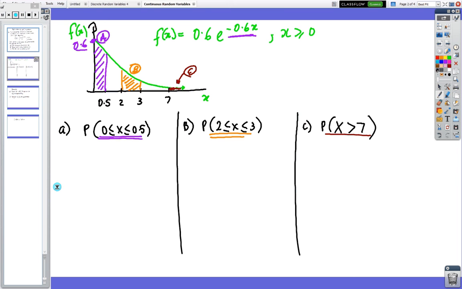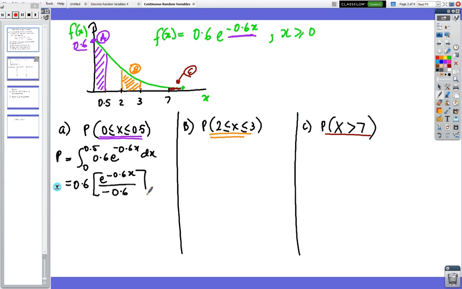Okay, so let's go back to black. The first one equals the integral from 0 to 0.5 of 0.6 e to the minus 0.6x dx. The 0.6 can come out the front, and then e to the minus 0.6x divided by the coefficient, which is minus 0.6, between 0 and 0.5, and then that number kills that number, so we just have a minus, and then we put the numbers in.